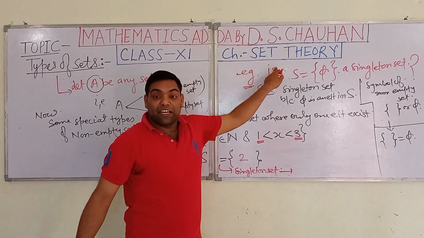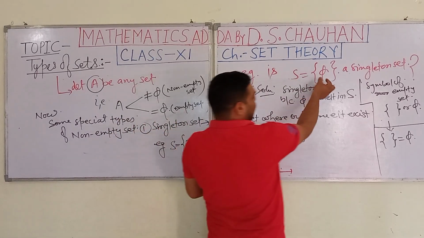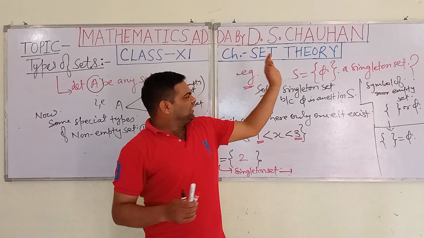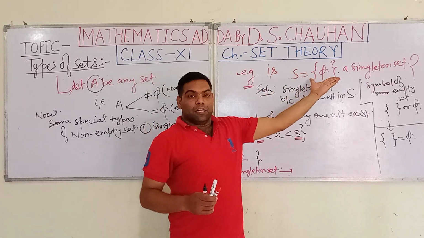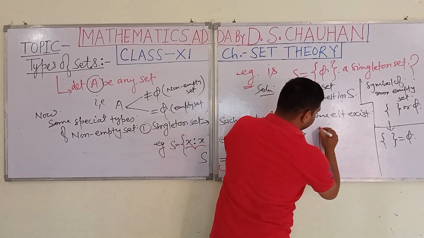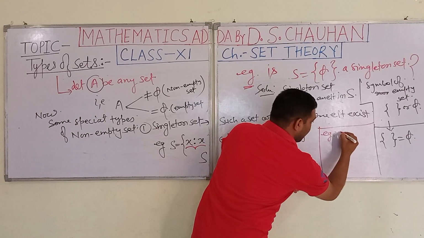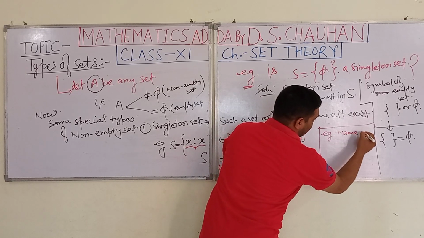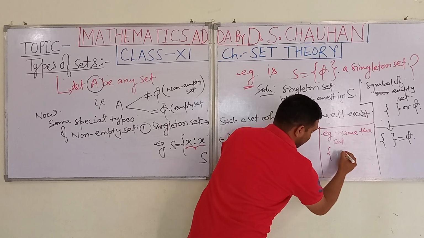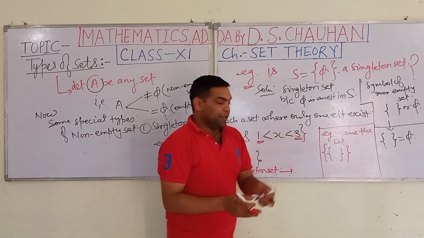This is a singleton set, because here phi is an element in S. So this is a singleton set. Students, always remember, if both things come together, it will always give you a singleton set. Now students, one more question I am telling you.